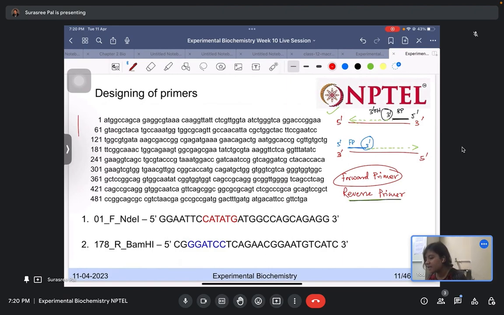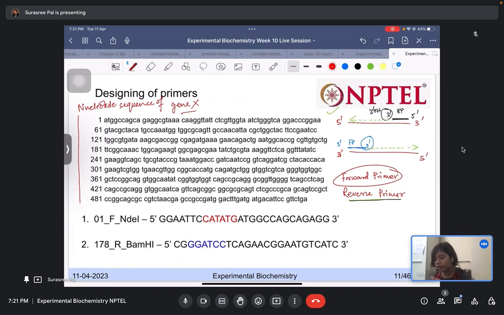Now, suppose this is the nucleotide sequence of a particular gene X, and we need to design two primers to amplify this gene. So the forward primer and the reverse primer we have to design.